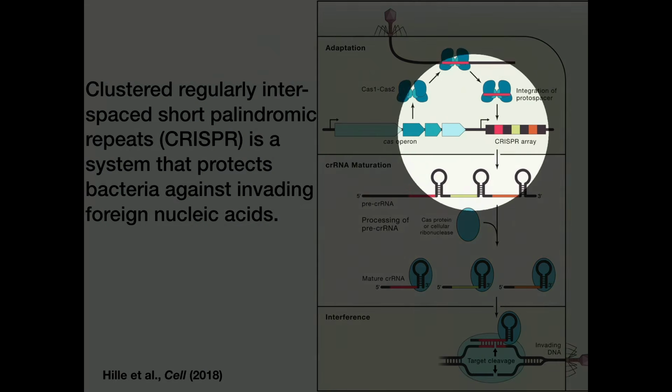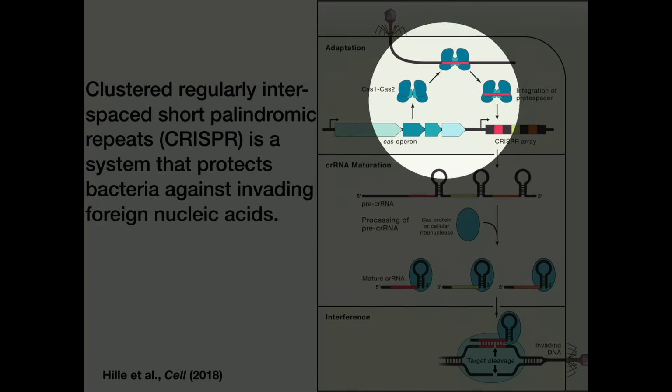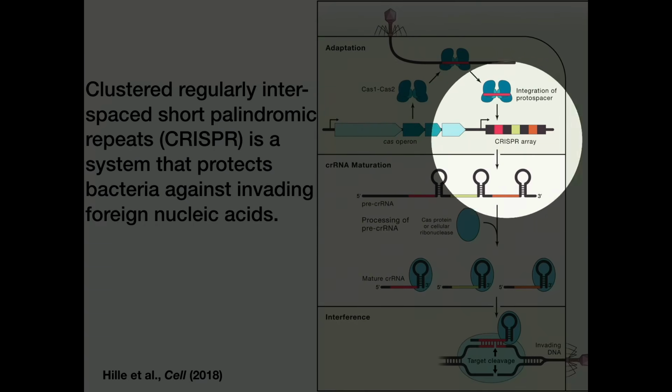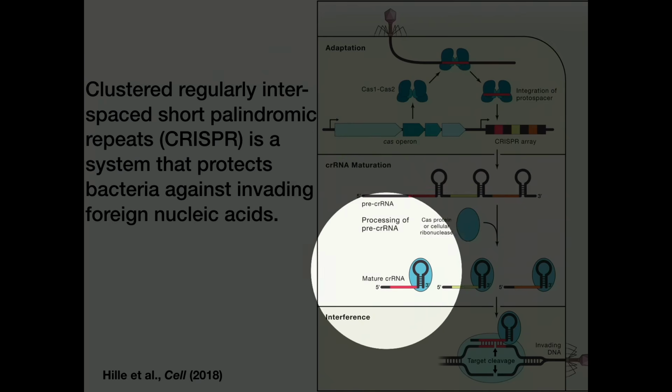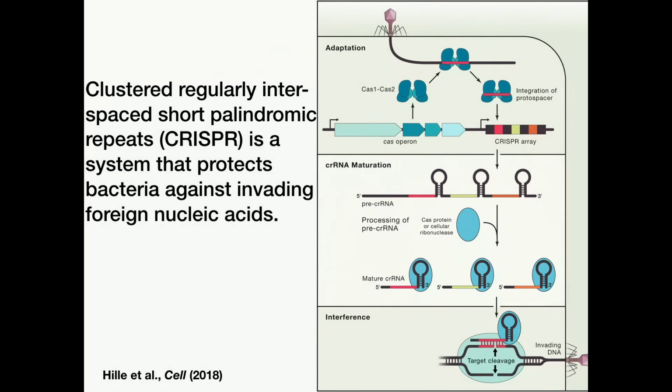Later on, the bacteria transcribes this region and forms these mature, what are known as CRISPR RNAs, where you can see there's some sequence that would recognize a foreign genetic element.